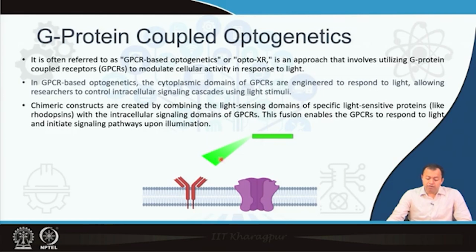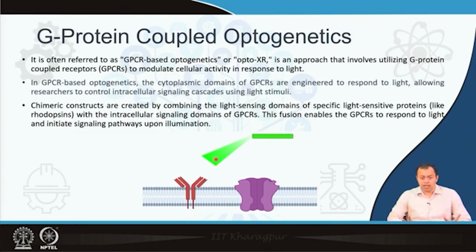Depending on the type of laser source that you are using, depending on the pulse duration, the intensity, the wattage, you can open or close these pores in the neuronal cells, in the neurons, and thereby control the overall polarizability of the neuron, resulting in either triggering an action potential or creating a resting potential.